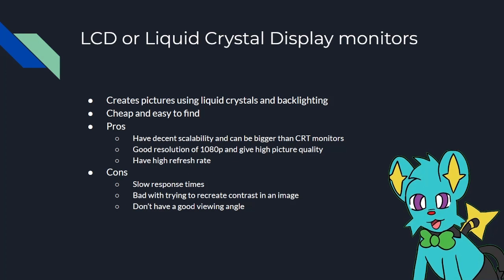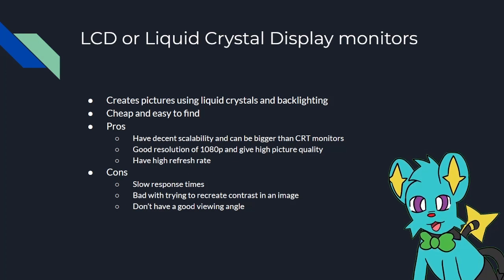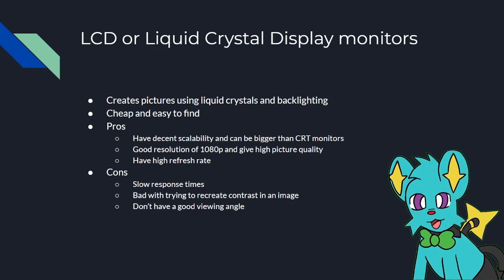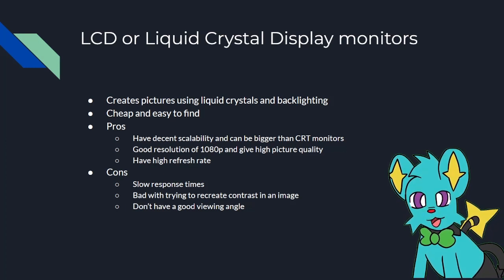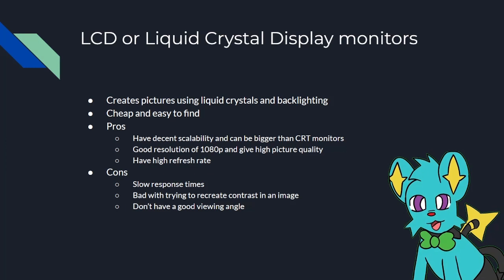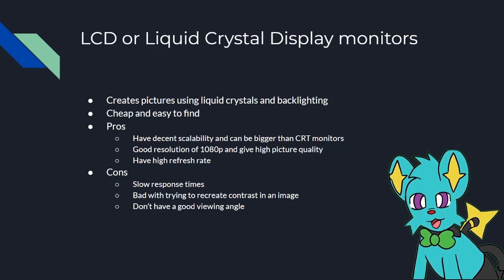Next one is a pretty common and easy to find one, an LCD or liquid crystal display monitor. It creates a picture using liquid crystals and a backlight of LEDs. The pros of these is that they have strong scalability and can be larger than CRT monitors and can do good with resolutions of 1080p with high picture quality, and they have high refresh rate.